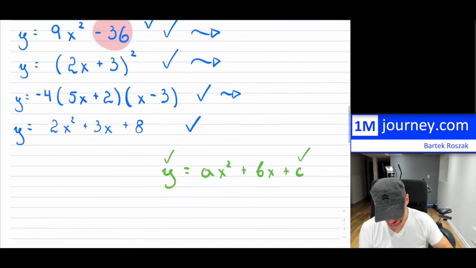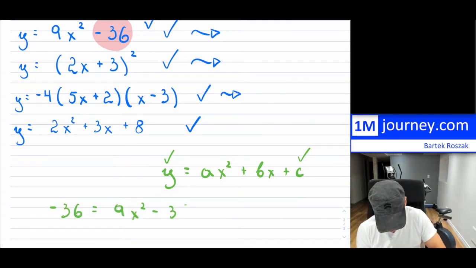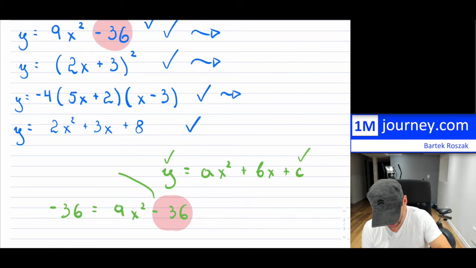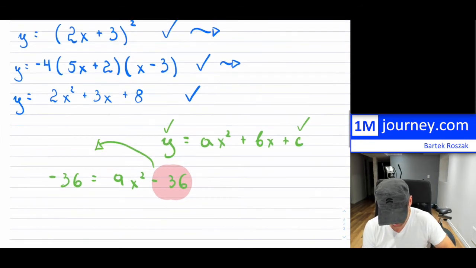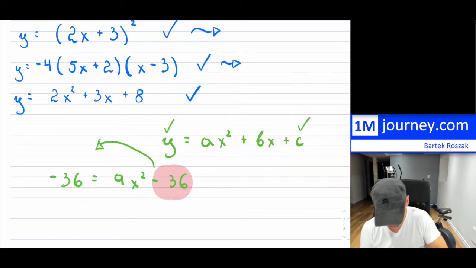In this case, I'm going to set y equal to negative 36, so negative 36 equals 9x squared minus 36. Now, this negative 36, when you bring it over to the other side, you will notice that it's going to cancel because it's negative 36 plus 36. And this beautifully just gives us 9x squared.